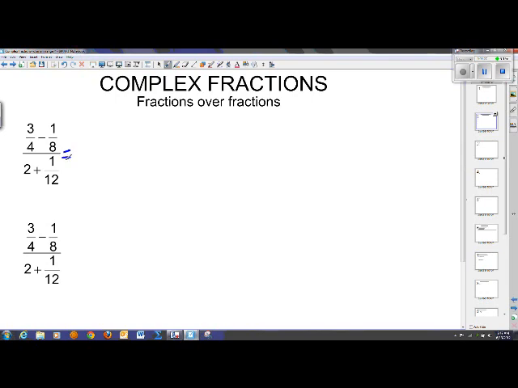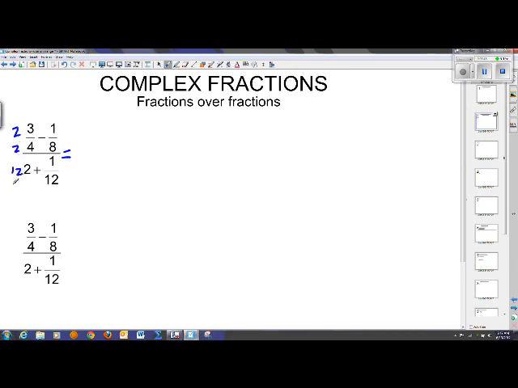All right? The general idea is we've got to simplify the subtraction, simplify this addition, and then divide the two. Okay, now, if I want to add or subtract these two fractions, I need a common denominator. So that common denominator on the top is going to be 8. I'd have to multiply these guys by 2.